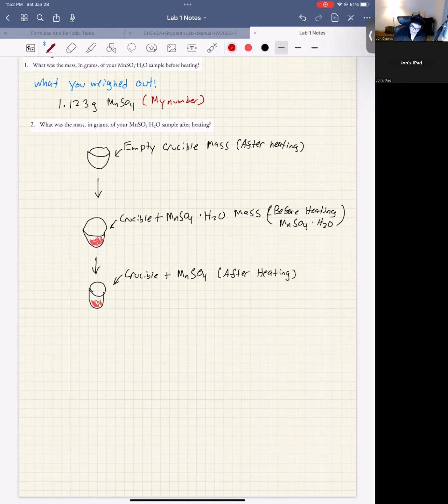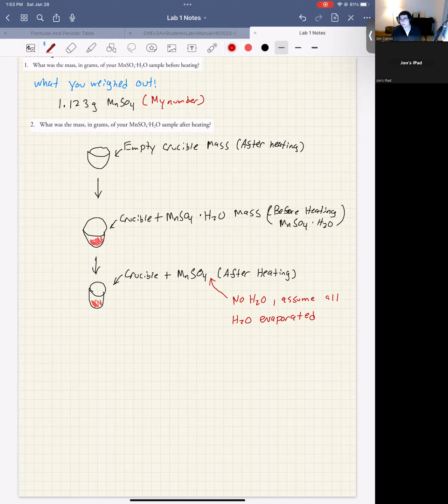Because we're assuming that all water evaporated. So you have to assume that all of that water evaporated after heating this, for this to make sense. So assume all of it evaporated.